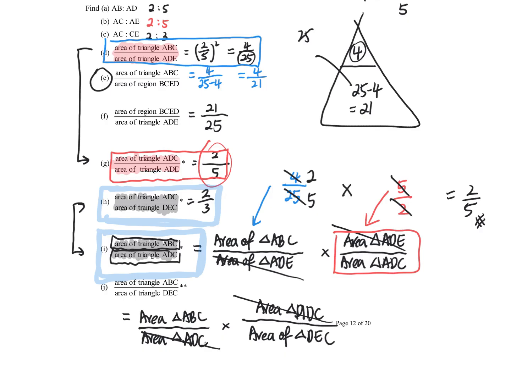Okay? Yes. It was from here, but it's reverse. I cancel, right? No, you just press calculator, this whole thing. 4 over 25 times 5 over 2, you will get 2/5, right? You check 4 over 25 times 5 over 2.